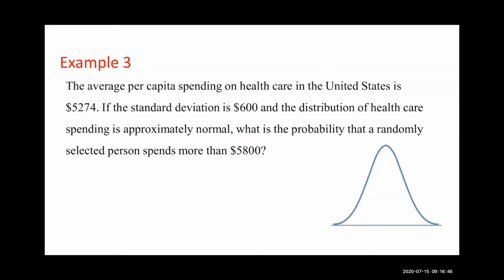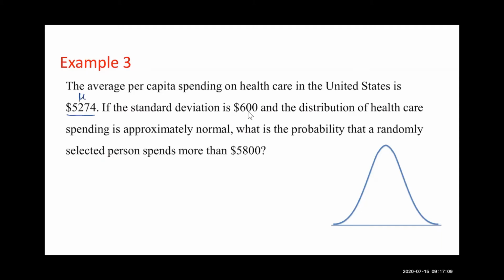First, we are going to read the problem and find out what is given. The average per capita spending on healthcare in the United States is 5,272. They say that this is the average spending. So that's your mean or average.